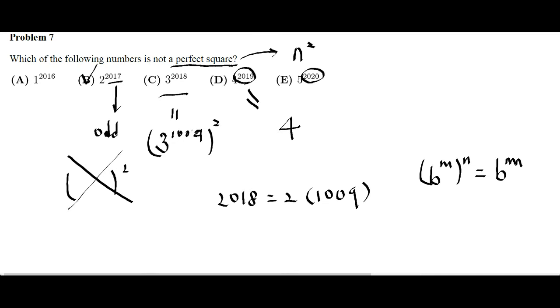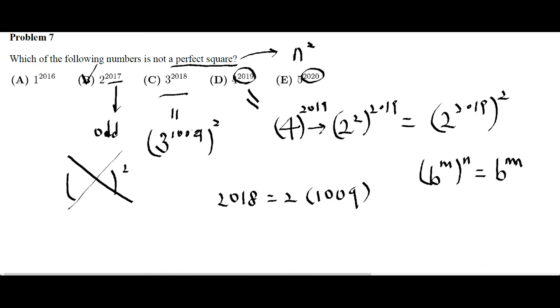So 4 is 2 squared, so this one to the 2019's power means 2 to the 2019 first and then squared. You understand me? You got it?